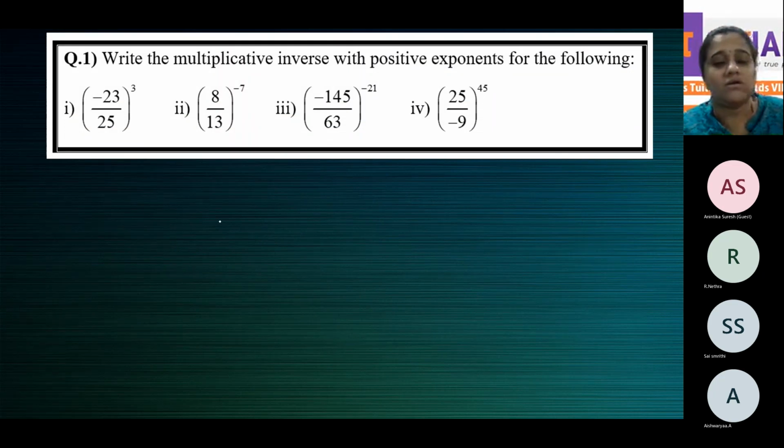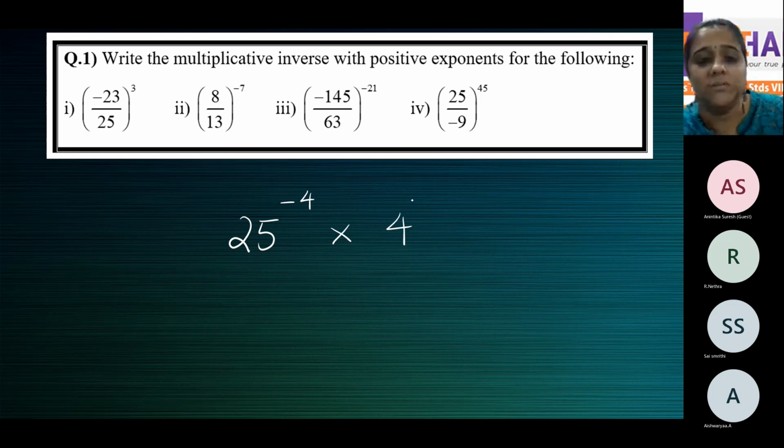So if you have, say, 15 to the power minus 4 into 15... Just to make you understand, supposing we have 25 to the power minus 4 into 4 to the power, what should it be?